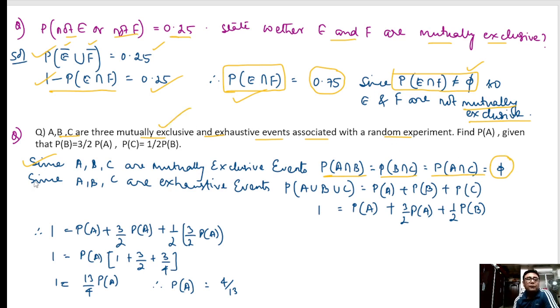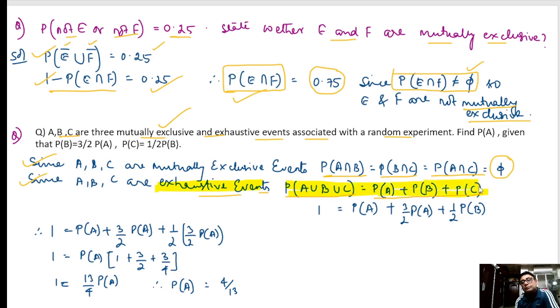And for exhaustive events, please watch one thing: P(A union B union C) should be P(A) plus P(B) plus P(C). This is very important. If it is exhaustive events, then this is how I will write.